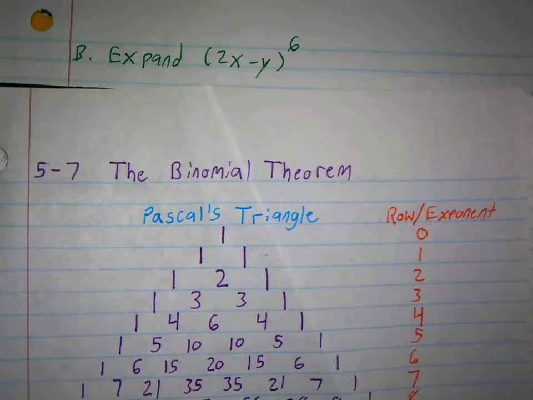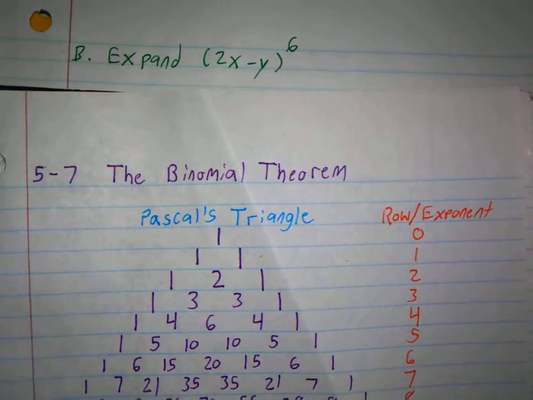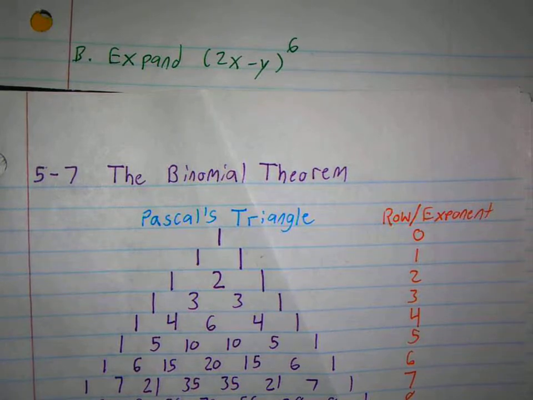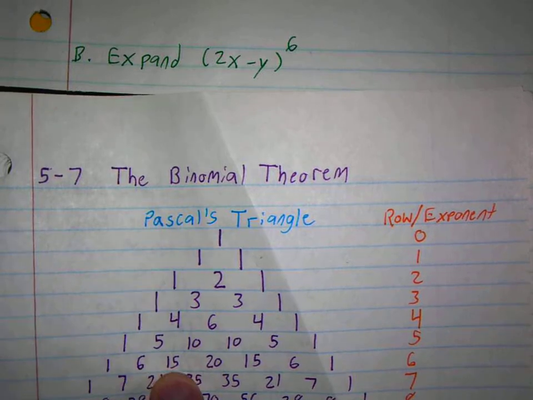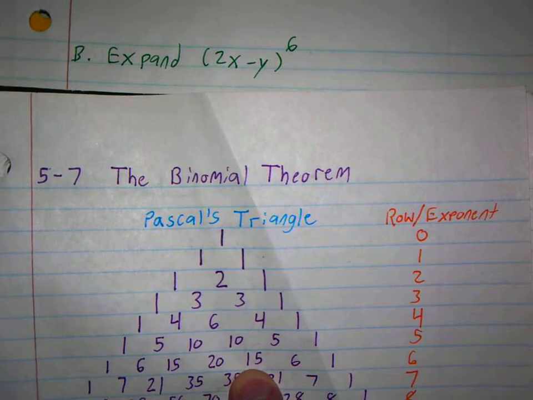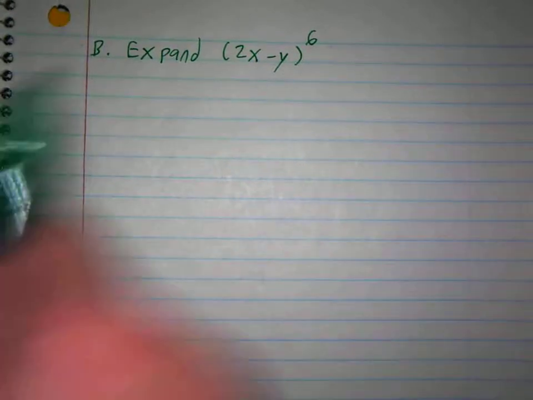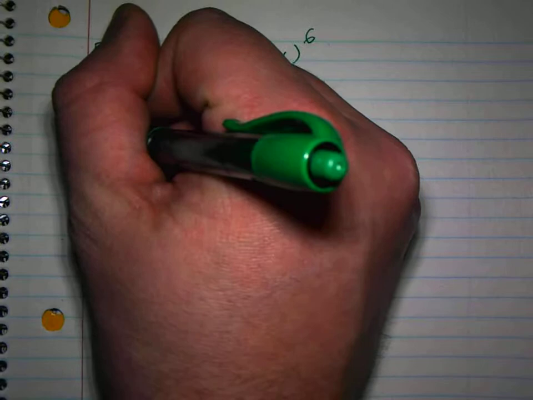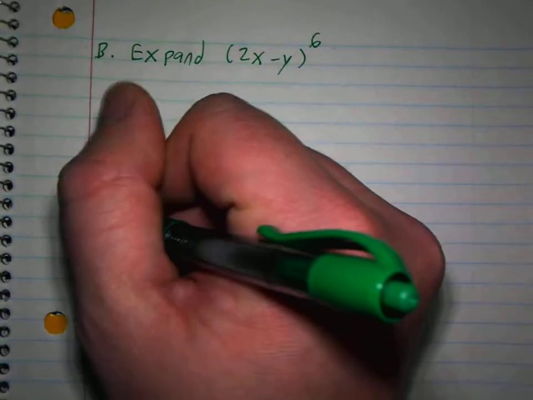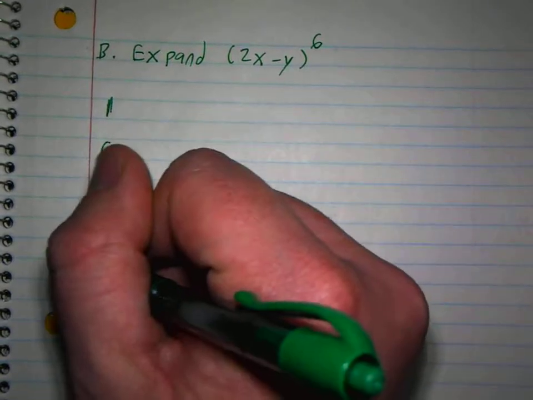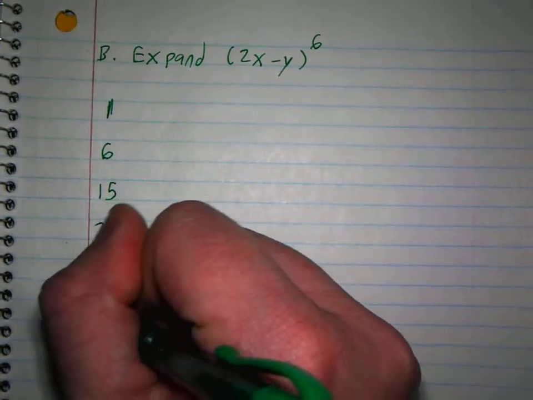Pascal's triangle, what is our exponent? 6. So I'm going to copy down 1, 6, 15, 20, 15, 6, and 1.